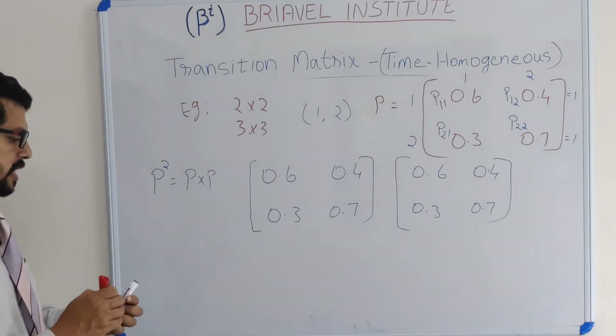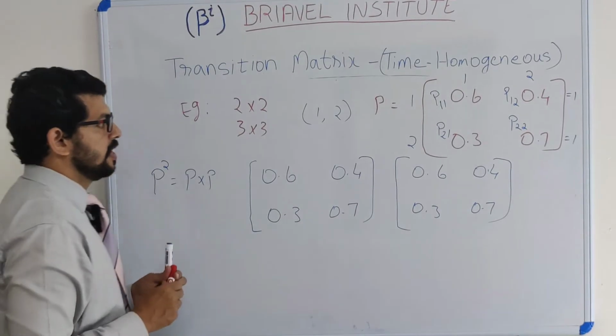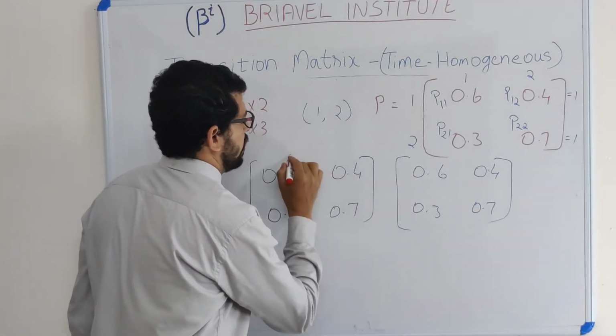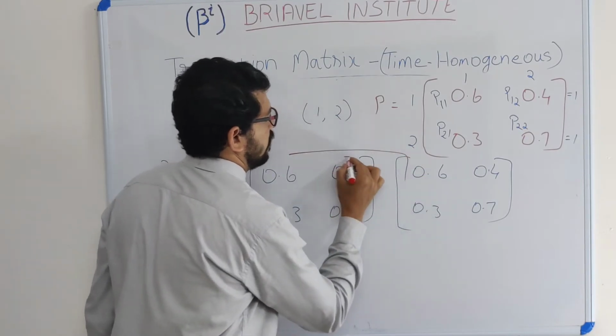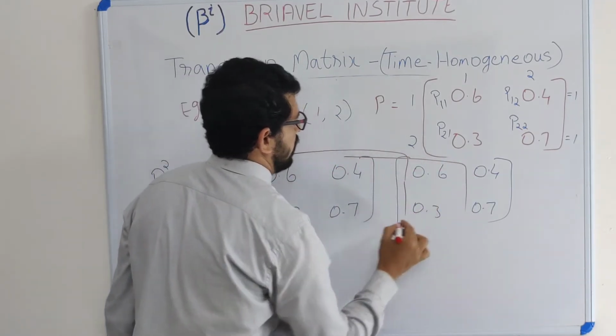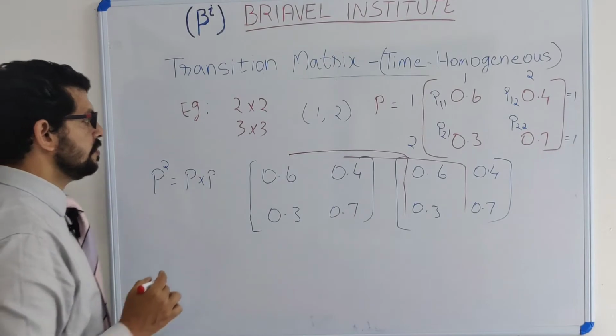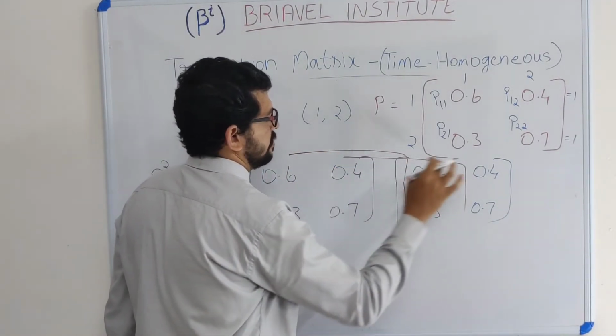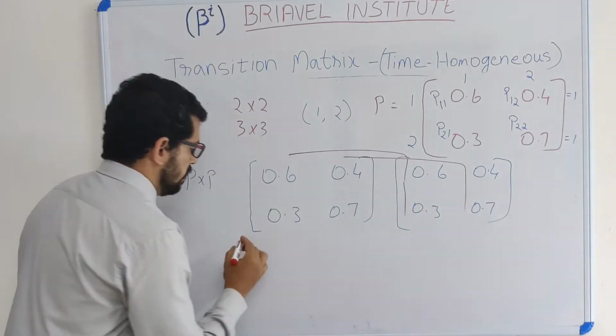So in matrix multiplication, we always think about a 7 rule: the first row multiplies with the first column. First row is multiplying to the first column, and first row is multiplying to the second column.